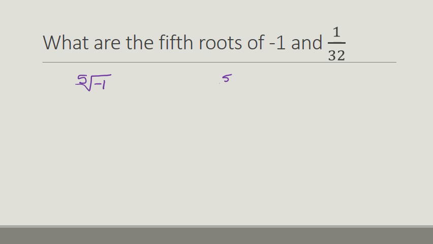And the fifth root of 1/32 can be written like that. So when I take the fifth root, remember I want to know what number can I multiply by itself 5 times to give me -1. In this case, because this is odd, it's going to be -1.